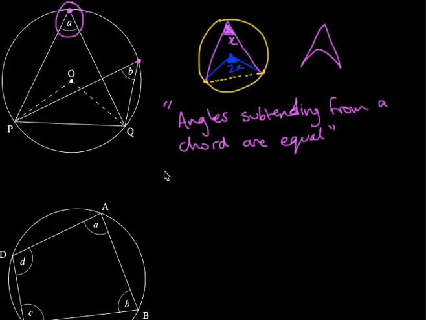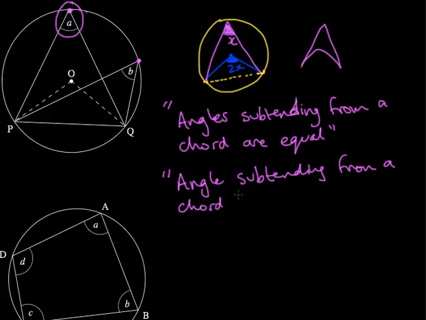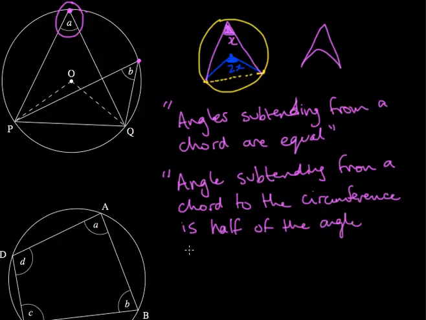But the Star Trek theorem, that could be written like this. An angle subtending from a chord to the circumference, so that could be A or B, is a half of the angle subtending from, that should be a 2, subtending to the centre.